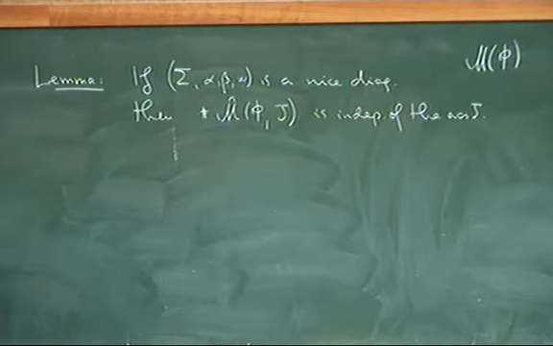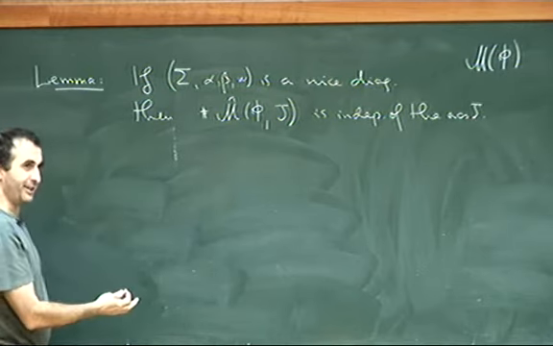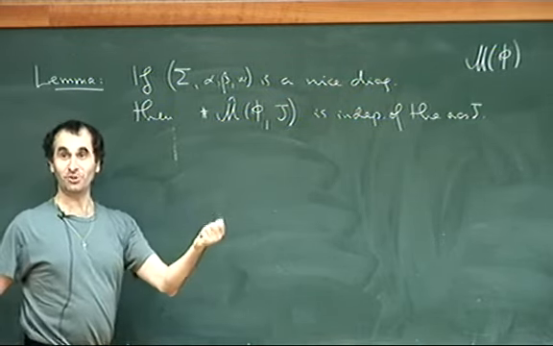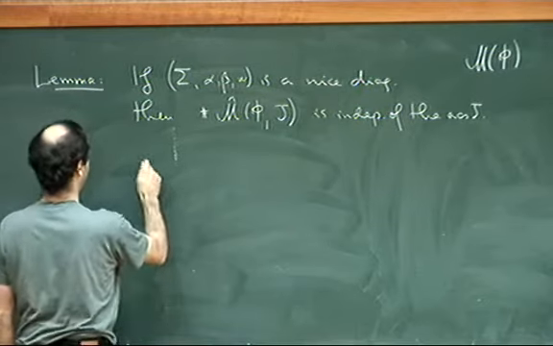Well, how could it happen that it's not independent of J? Well, there should be two J's, J1 and J2, for which this value is different. So, proof.